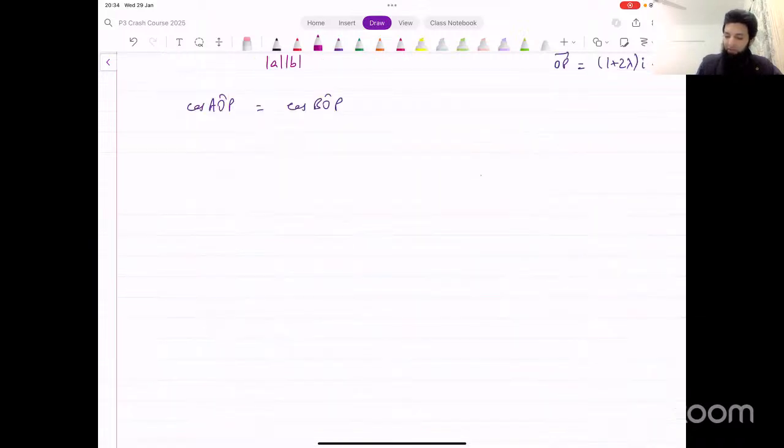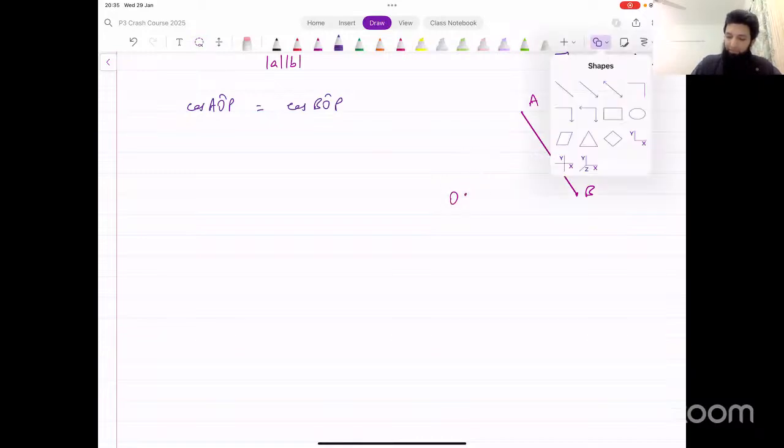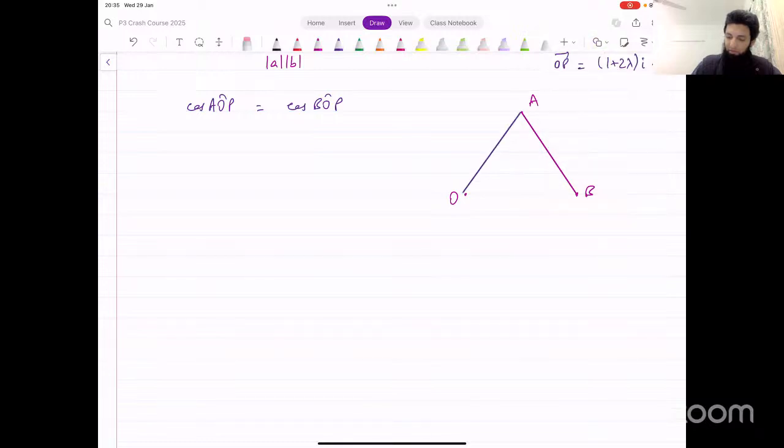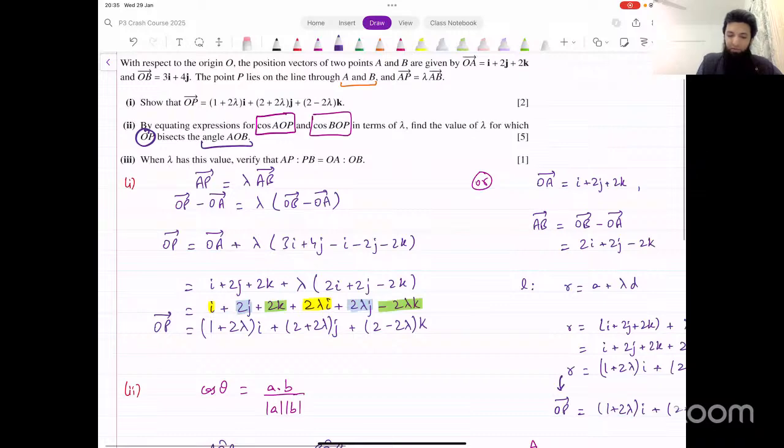If you have a point O here and a point A here and maybe a point B here, P lies on the line AB. Now, you have OA here like this, you've got OB here like this. They are saying, find the value of lambda for which OP bisects the angle AOB.